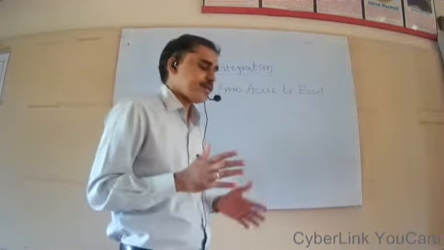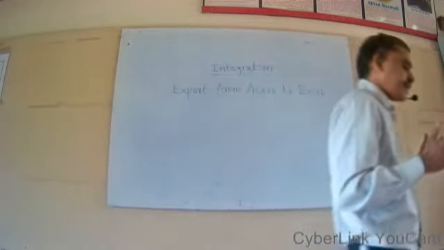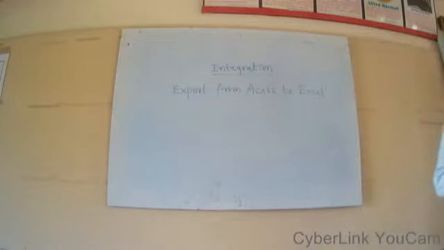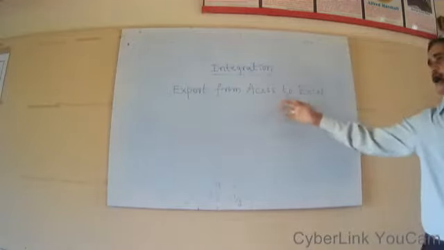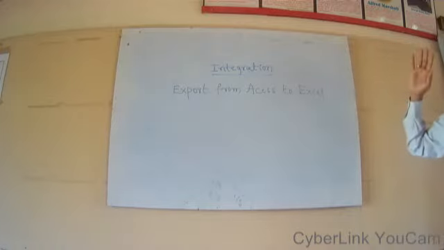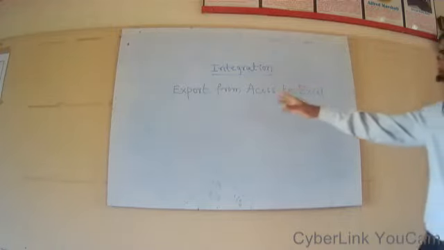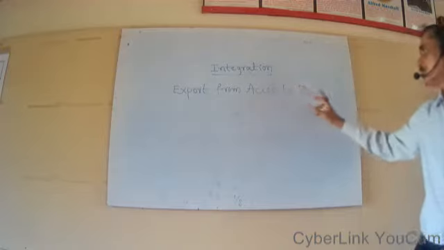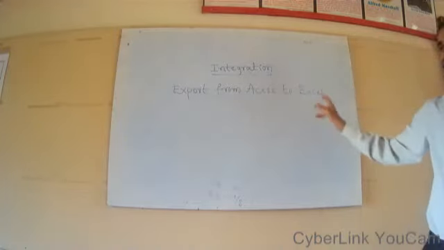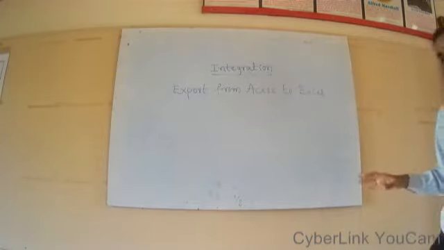This is how we export data from MS Access to MS Excel, from table format to spreadsheet format. As there is compatibility between these two office packages, MS Access and Excel, it is possible to transfer the data.